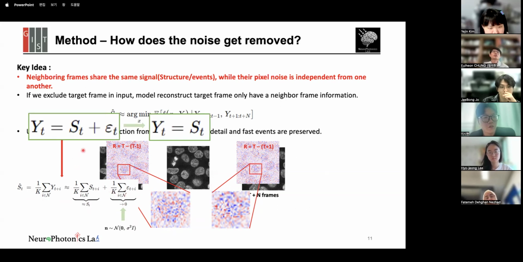As a result, you can see that the observed frame Y_T eventually becomes defined only by the true signal S_T, since the random noise averages out and disappears. In other words, by averaging across multiple neighbor frames, the independent noise cancels out, leaving us with only a clean reconstruction of the underlying structure.